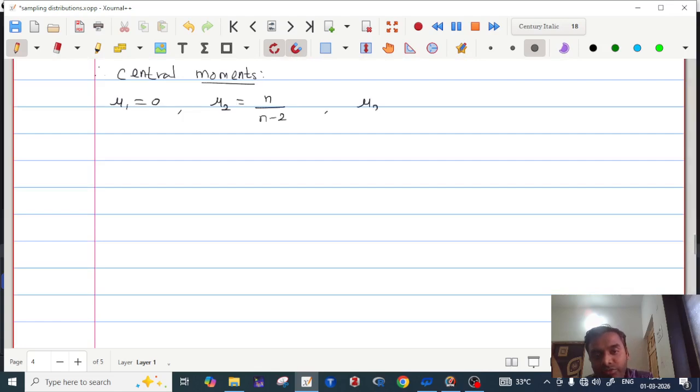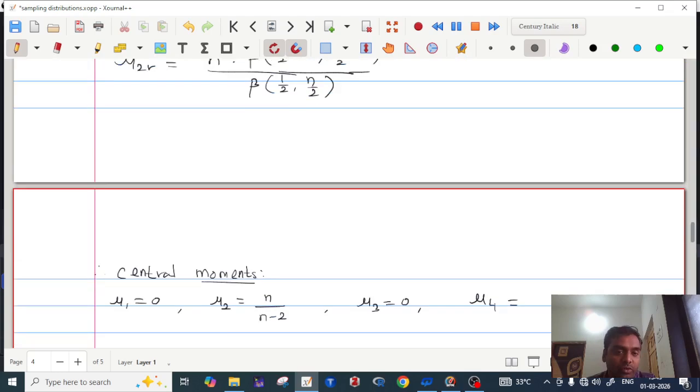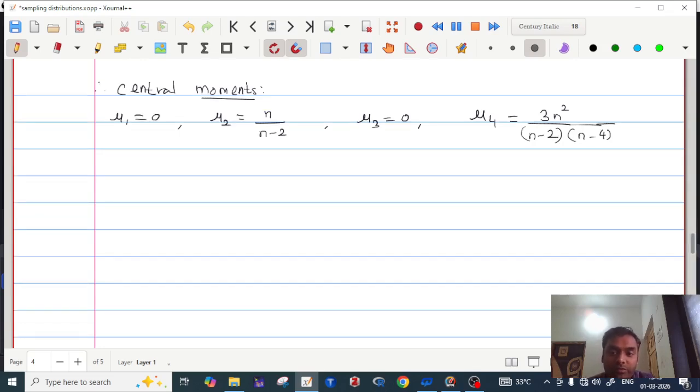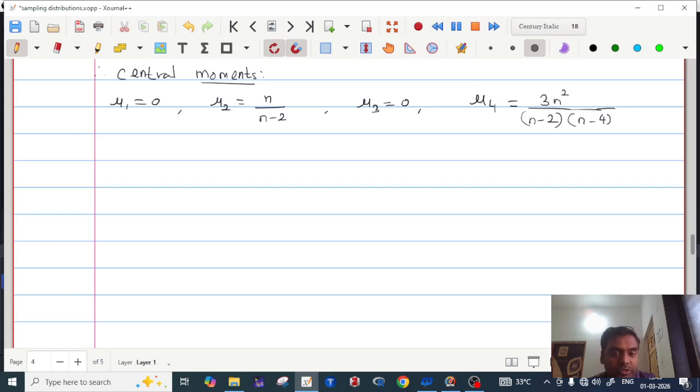Mu 3 is also 0. And mu 4, if you put r equal to 2 in this formula mu 2r and solve, you will get 3n square divided by (n minus 2) multiplied by (n minus 4). This is the value of mu 4 for the t distribution.